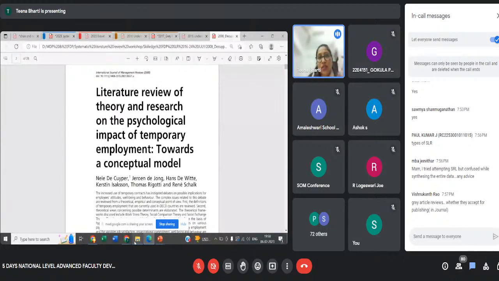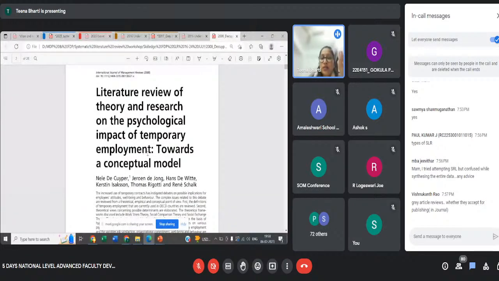There is a journal by the name International Journal of Management Reviews, which publishes only review articles. It is dedicated to review articles. There you will witness a lot of literature reviews, bibliometric reviews, meta-analysis reviews, meta-synthesis reviews, all those types of reviews.